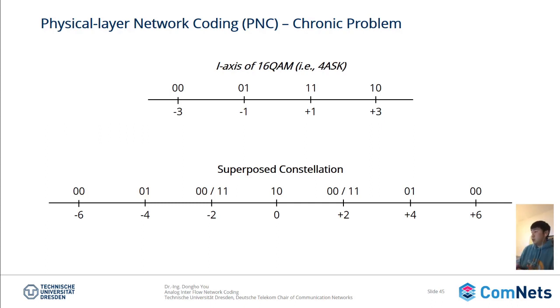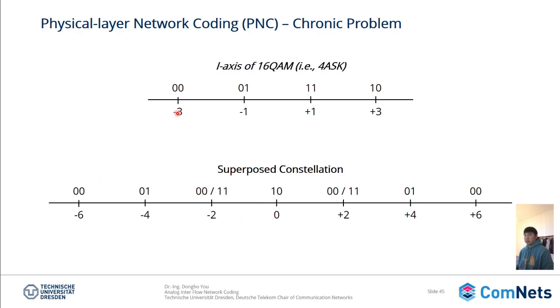Therefore, if we consider only one basis, cosine or sine, the constellation is like this. And the 2 nodes transmit symbols modulated by this constellation for ASK. The superposed symbol will be like the constellation below.